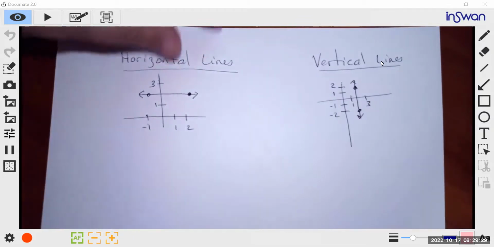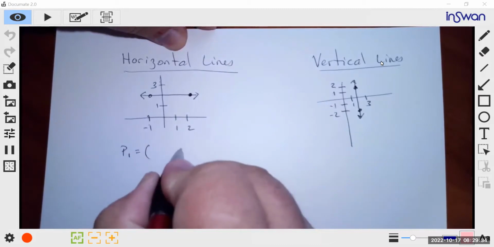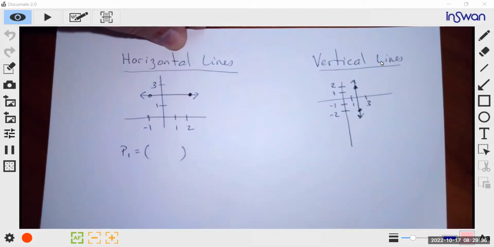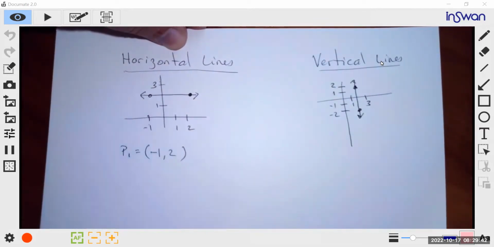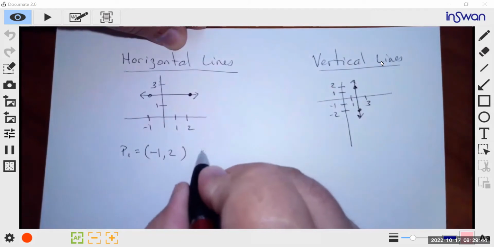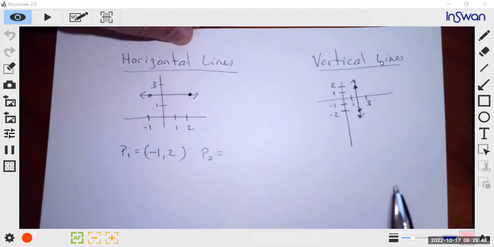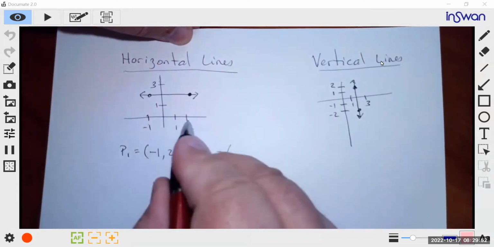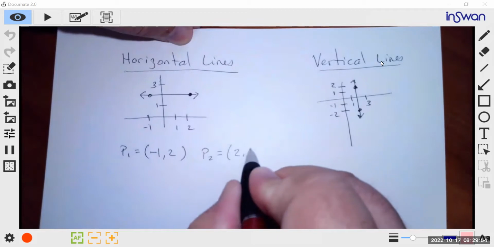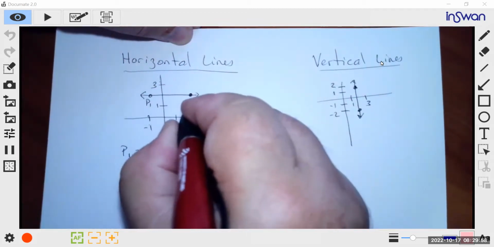What is the location of point 1? -1, 2. And the location of point 2? It's 2, 2. So this is point 1, this is point 2.